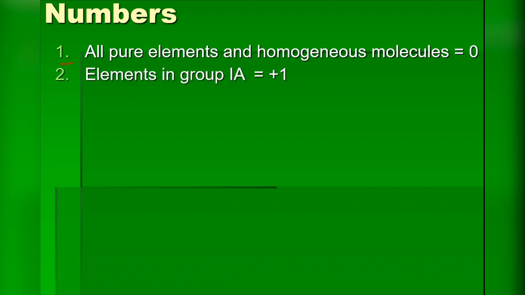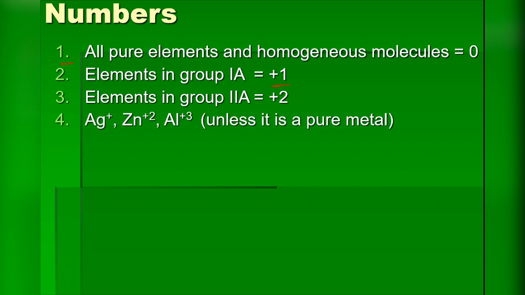Second, elements in group 1A, the column where you see hydrogen on top, have an oxidation number of +1, but not hydrogen. Hydrogen is +1 or -1. Group 2 is +2.